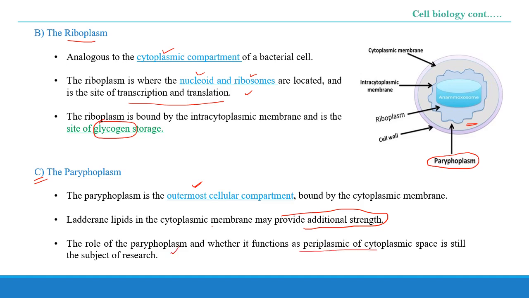That means whether it has the role of a periplasmic space, as we have seen in the case of bacteria. There is a cell wall, and inside it there is a plasma membrane, and between them there is a periplasmic space. We don't know if it has the same role or not.